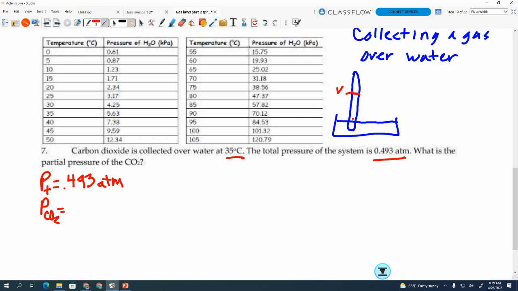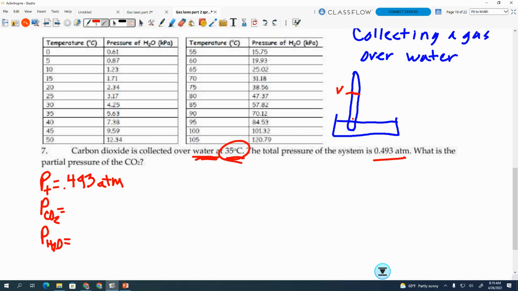The only other thing that I know I have in here is water. So I need to find out the pressure of water as well. Now, right now, as it is, I can't solve anything. But they gave us this little piece of information that this occurred at 35 degrees Celsius.